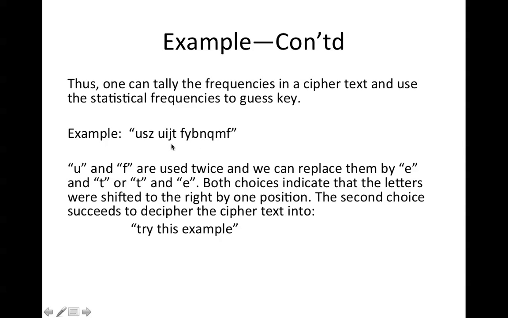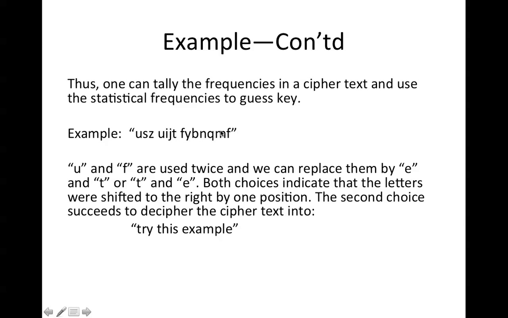But in this situation, if the number of shifts is fixed for all the letters, then we know that just shifting things back and then assigning U to, let's say, either E and F to T, or U to T and F to E, we could basically carry out the rest of the shifts.